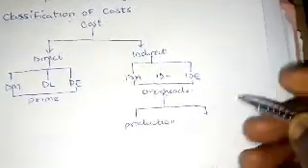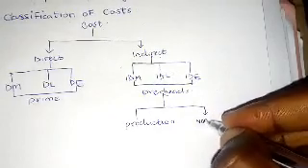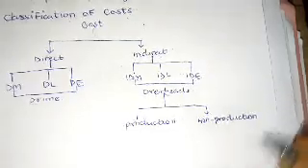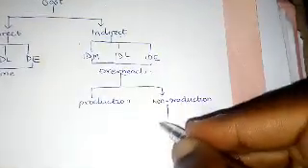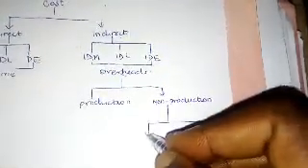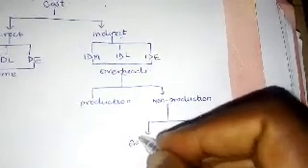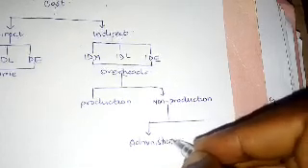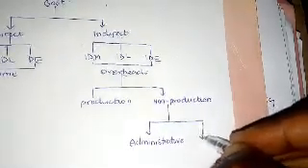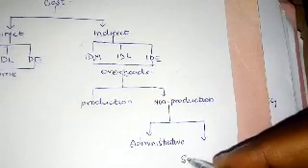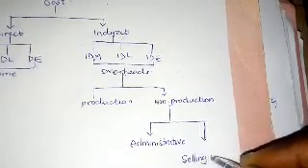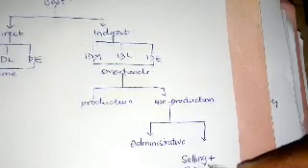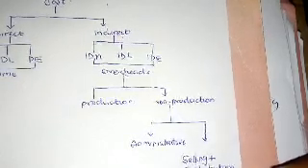The overheads can further be split into production and non-production overheads. The non-production overheads can further be classified as administrative overhead and selling and distribution overheads.